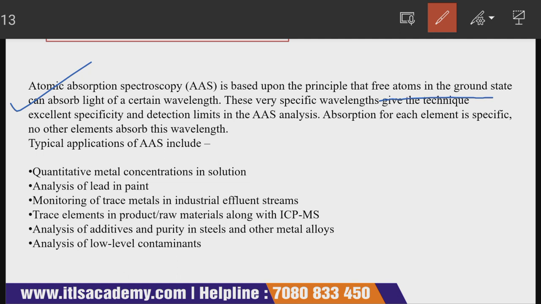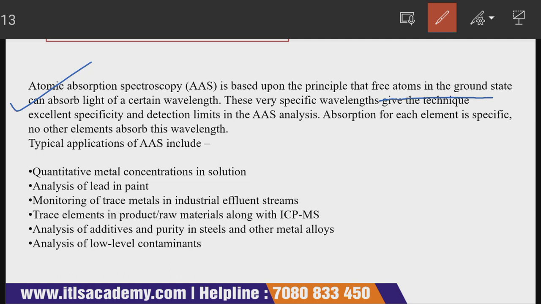Absorption for each element is specific; no other element absorbs this wavelength. So simply, this analytical method is based on the principle that free atoms present in the ground state can absorb the light of certain wavelengths, and those wavelengths are very specific, which gives the technique excellent specificity and detection limit.